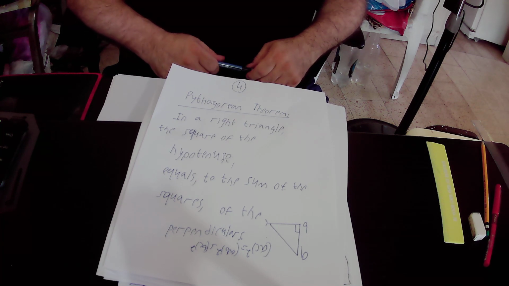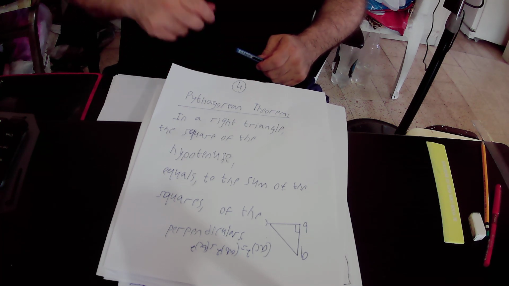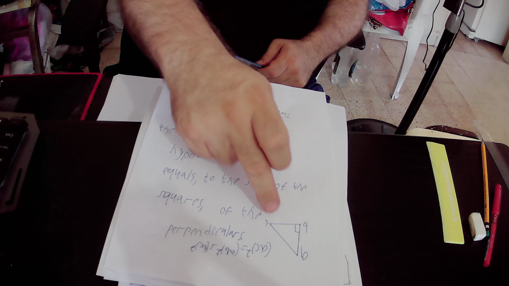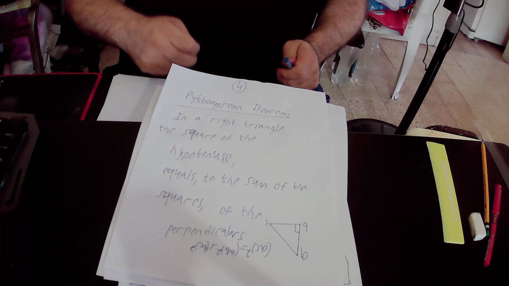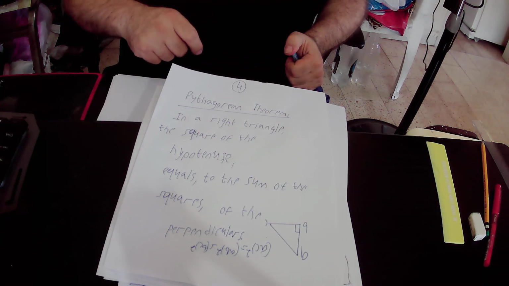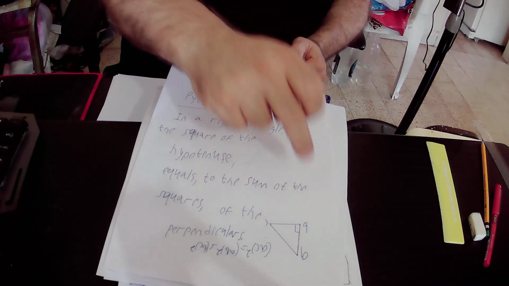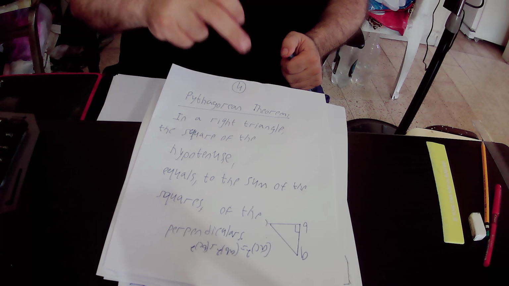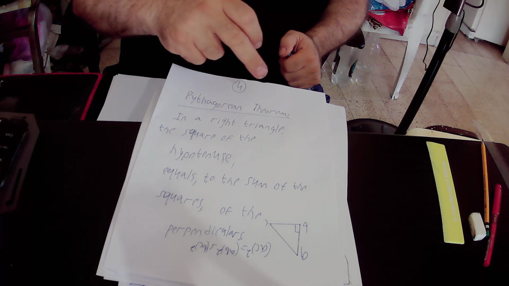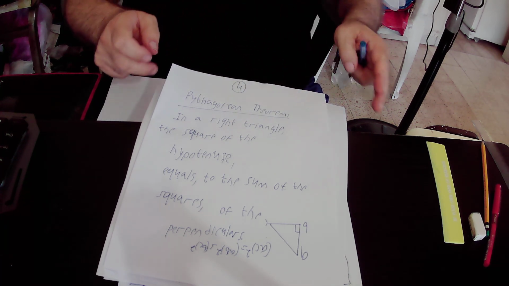So the square of the hypotenuse, in this example, is AC square, equals the sum of the squares of the perpendiculars, equals BC square plus AB square, or AC square equals AB square plus BC square.